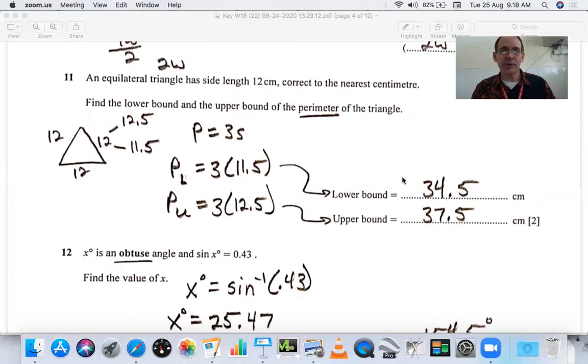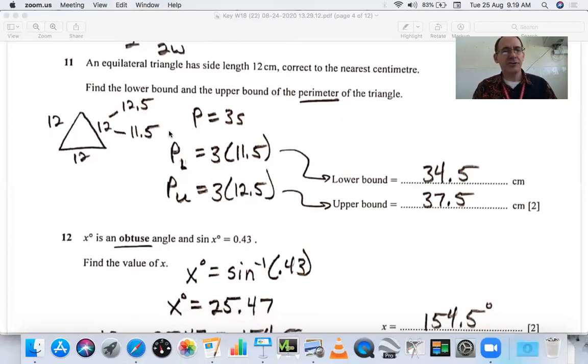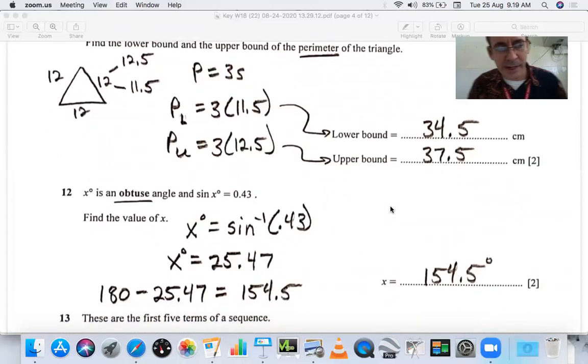So the actual perimeter could be anywhere from 34.5 to 37.5 instead of just adding 12 plus 12 plus 12, which is 36. 36 is what it would be mathematically, but because this is a measured value, the actual perimeter could have a range, 34.5 to 37.5. So you got your 2 layers here. The first layer deals with your measured value. Your second layer deals with how to maximize or minimize the formula, and that gives you your upper and lower bounds.